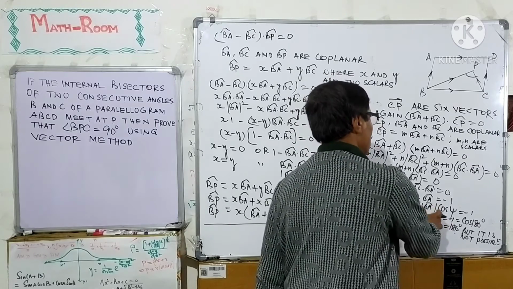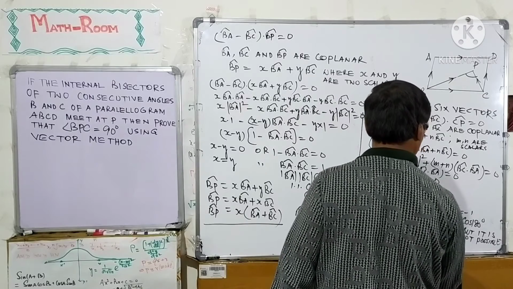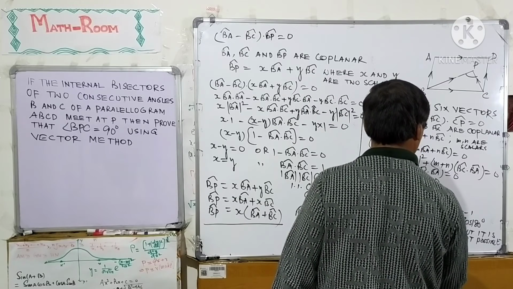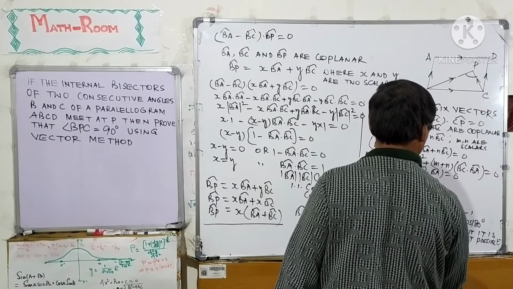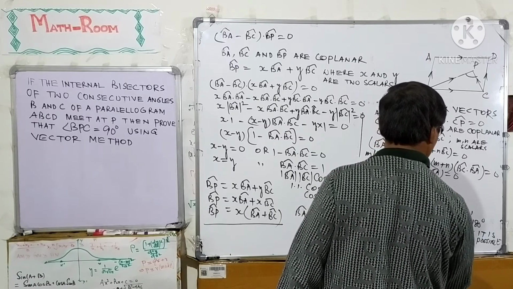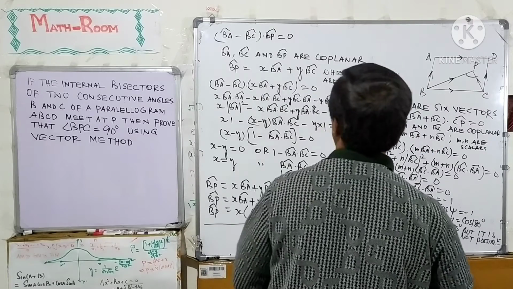So, it is impossible. So, BC cap dot BA cap is not equal to minus 1, only M equal to minus N.